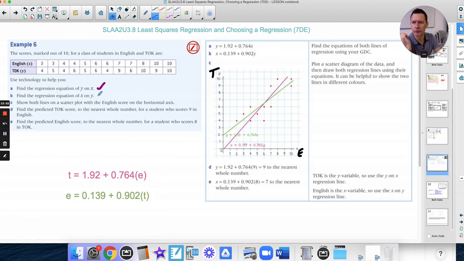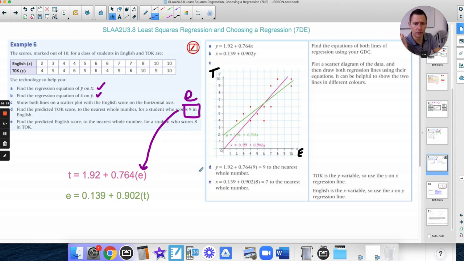We did this. We found a regression for y on x, x on y, show both lines on a scatter plot. We did that. So find the predicted TOK score if you scored a 9 in English. And so, well, I guess we already did that. This is an E value. We'd put it into the E here, right?